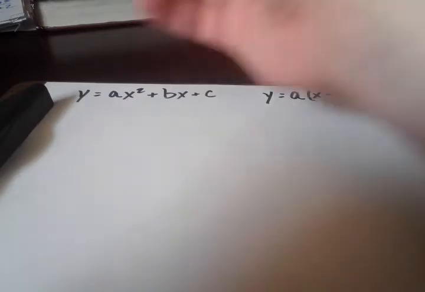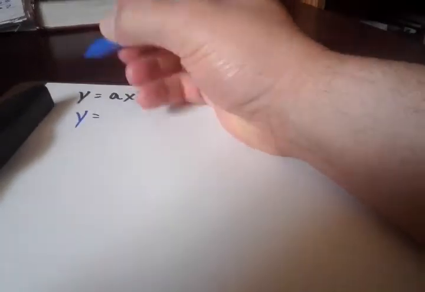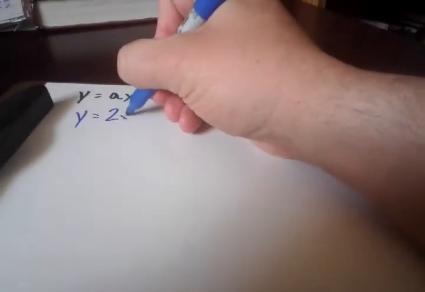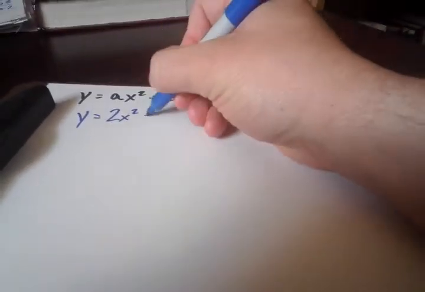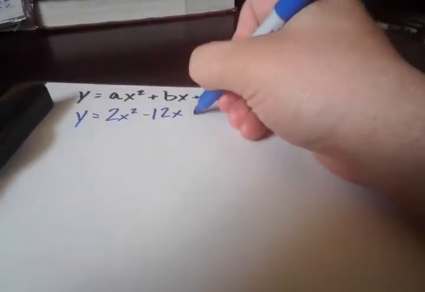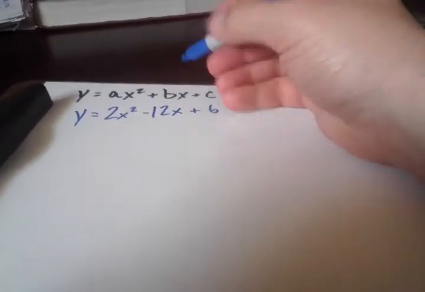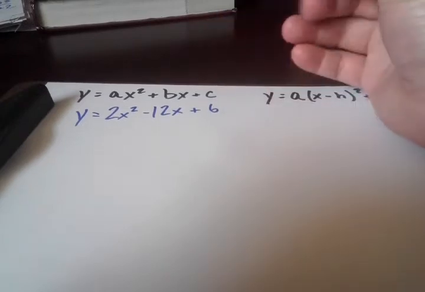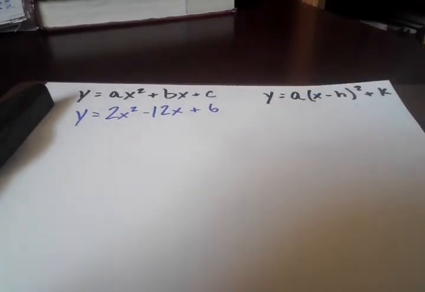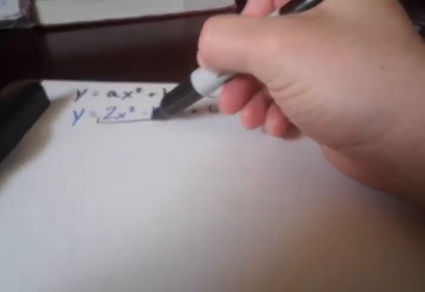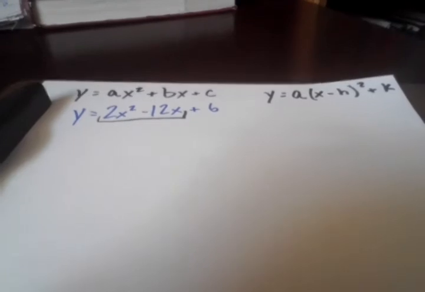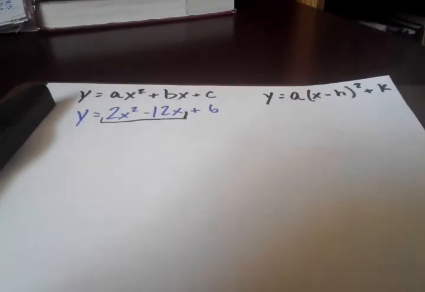So example 1, the first equation they give us is y equals 2x squared minus 12x plus 6, where a is 2, b is negative 12, and c is 6. And we're going to turn it into vertex form. So what I want to do here is look at just the first two terms, which are these two, and look for a greatest common factor of the coefficients, something we can factor.